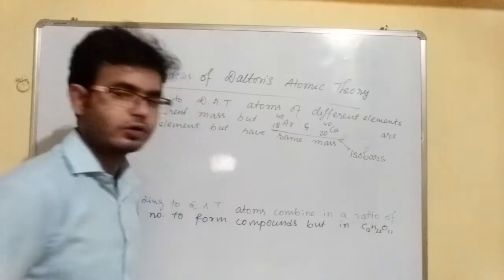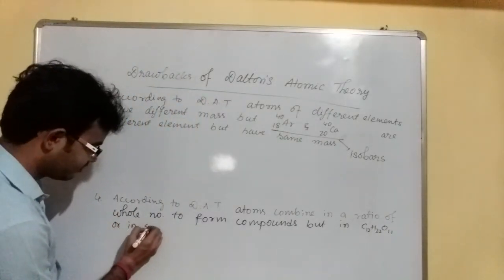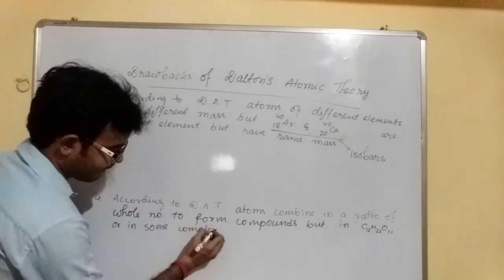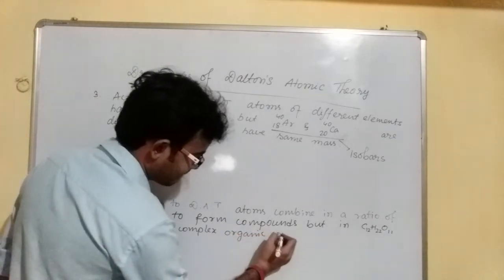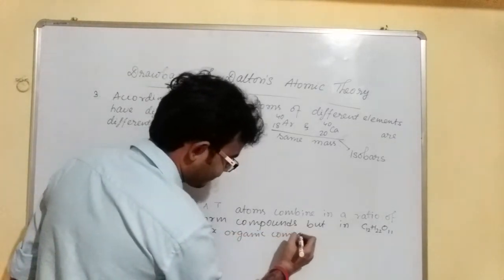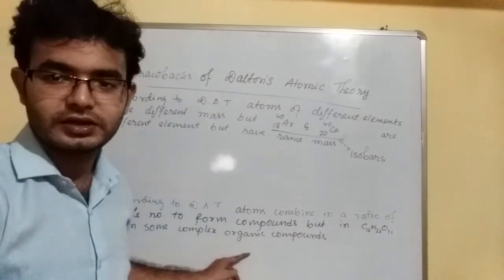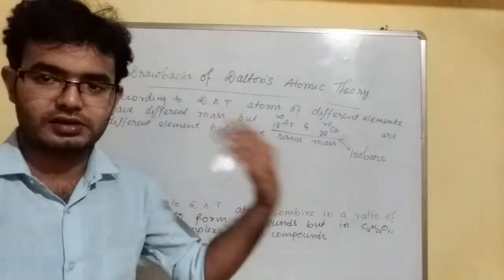in C12H22O11, that is the formula of sugar, or in some complex organic compounds, although this point will not be clear in this class, you will be able to understand the meaning of this in higher classes.